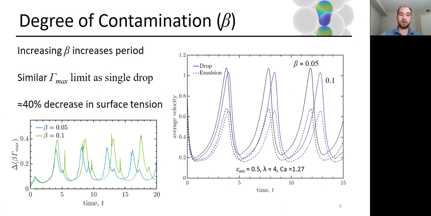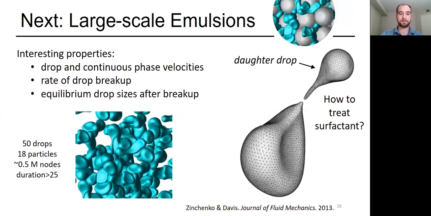That corresponds to about a 40% decrease in surface tension, which is also consistent with experimental observations. It depends on the interface, but typically the total decrease in surface tension is no more than 50% of the original value for typical oil-water interfaces.